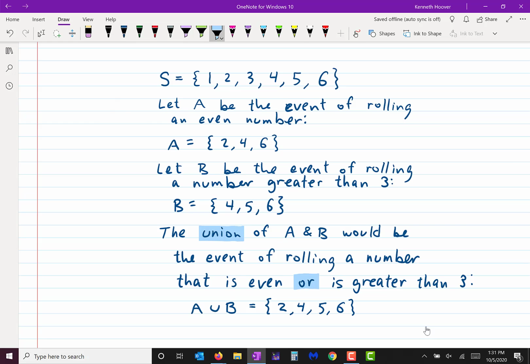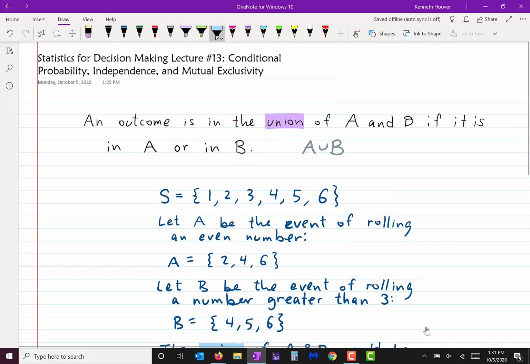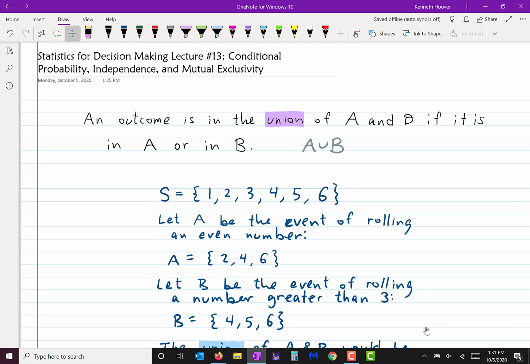All right, now a new definition. The word intersection.